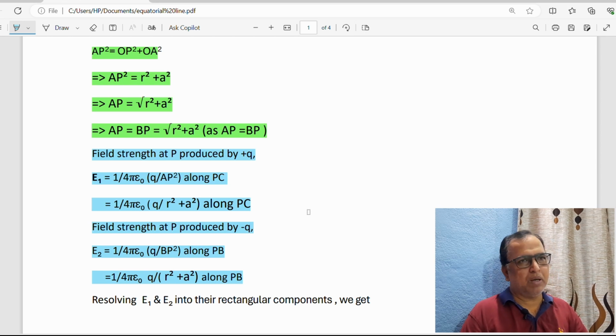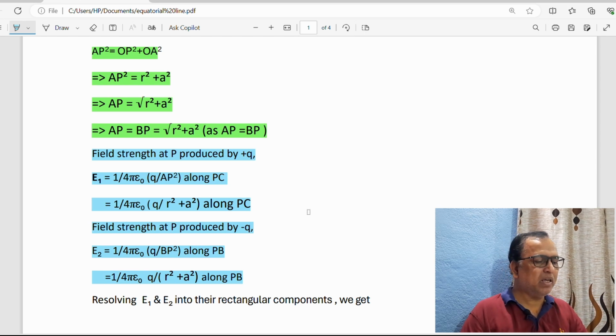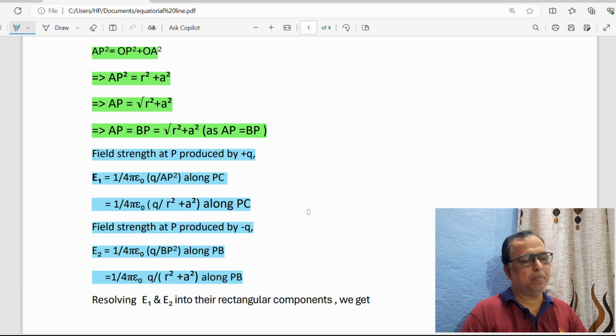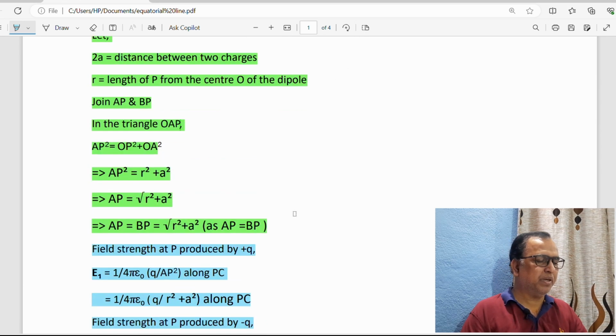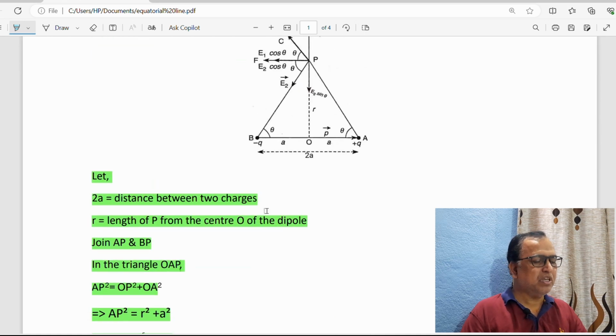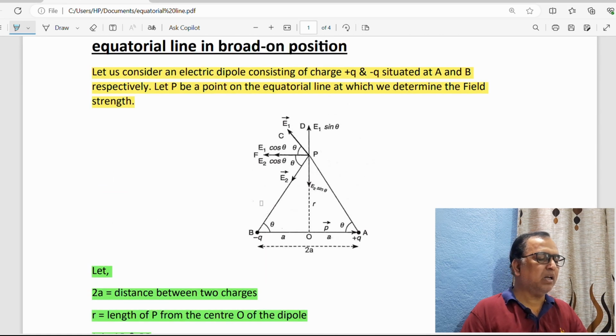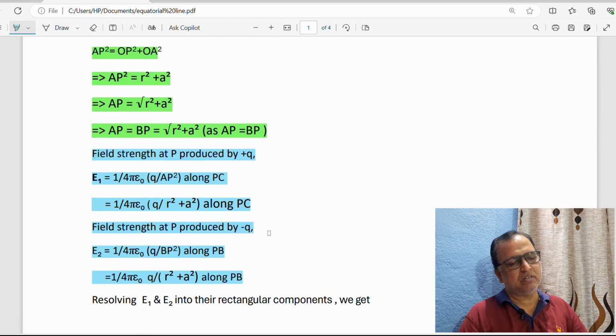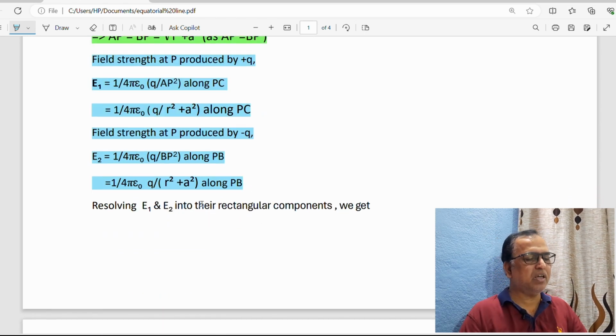E2 is equal to 1 by 4 pi epsilon naught, q by BP square, along PB, that is, q by r square plus a square. So E1 is equal to E2, but the direction is different. E1 is along PC, E2 is along PB.